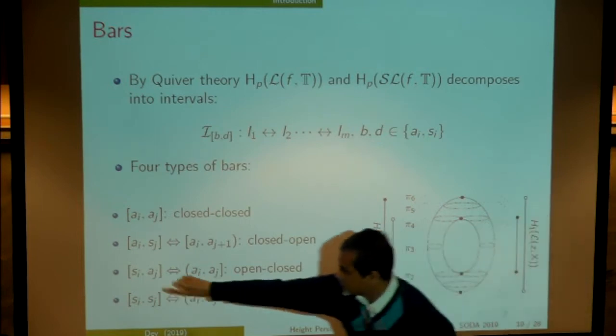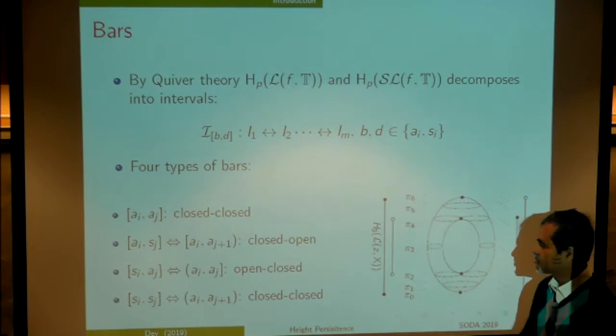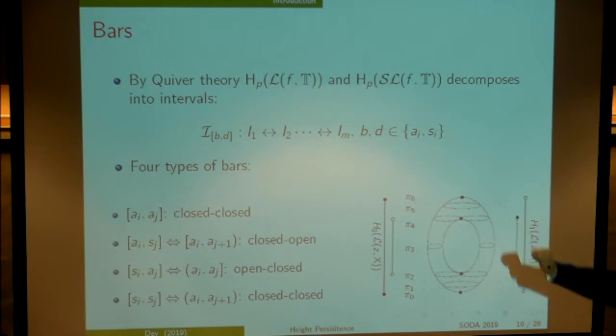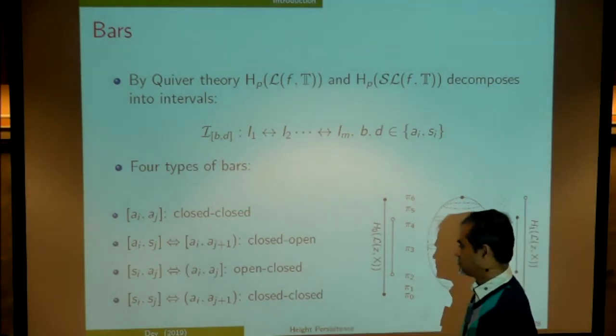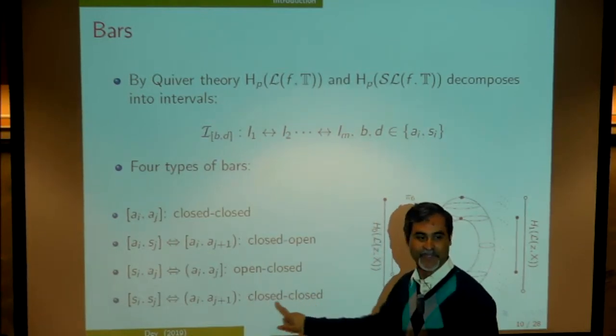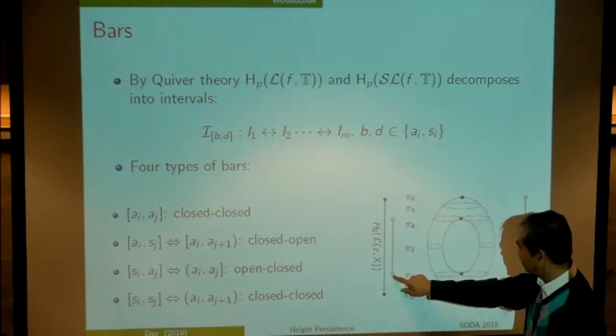Similarly, you have the reverse, s_i to a_j, where you make it open on the left-hand side. So that becomes open-closed. And then there is the bar between two intermediate levels, which you extend on both sides and make an open bar. Sorry, I forgot to change this. This should be open. This is not closed. This is closed. This is open. So for example, here there are 2.